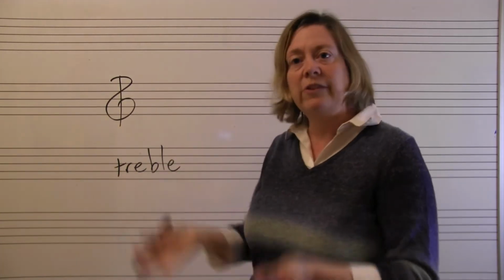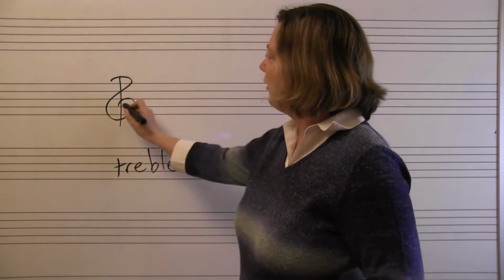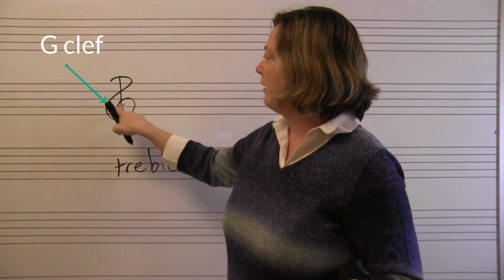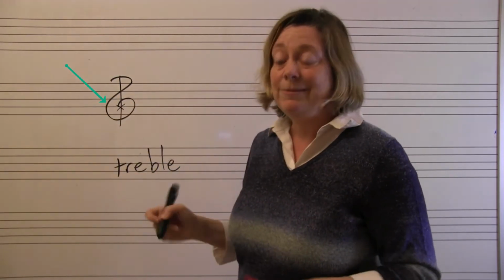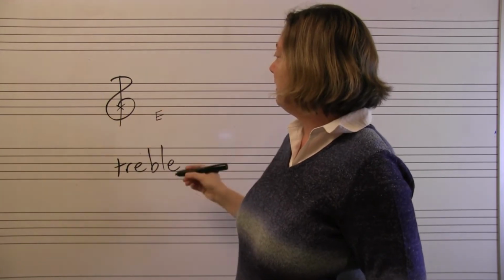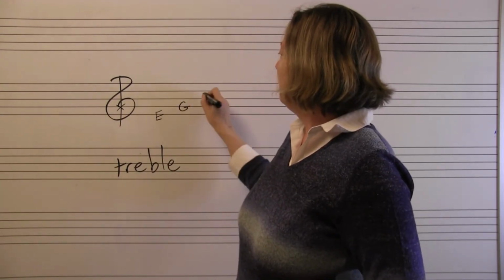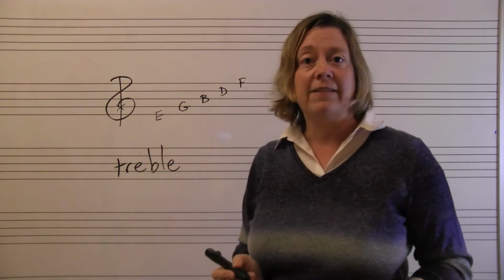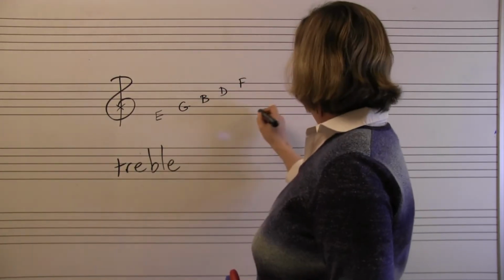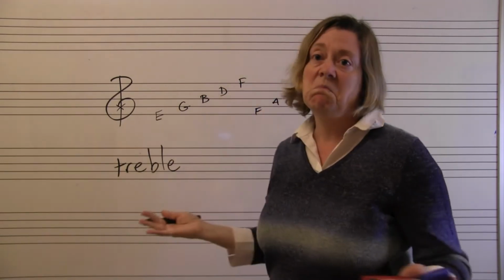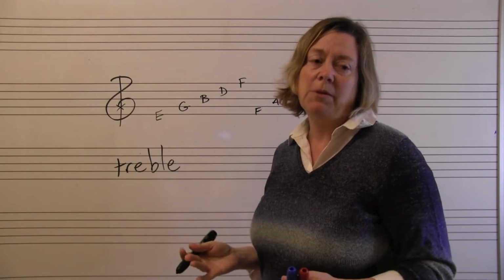It's going to show us the notes that are higher than middle C. It's also called the G clef because this particular line, that's sort of the center point of this curlicue, is a G. So the notes on the staff, E, G, B, D, F. Those are the lines. The spaces, F, A, C, E. All right, that's treble clef.